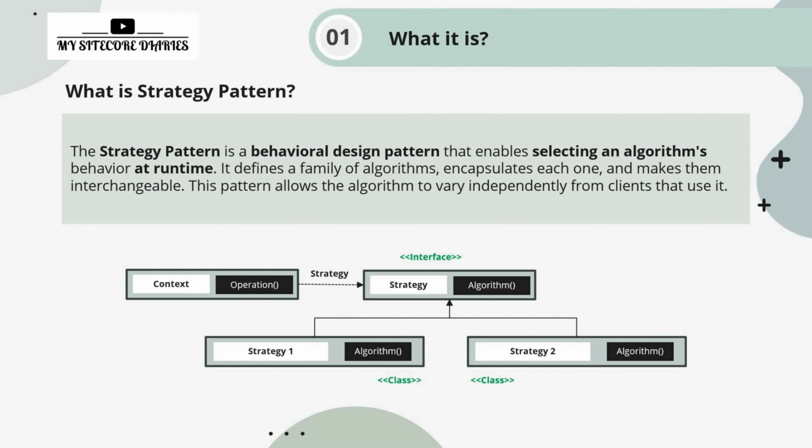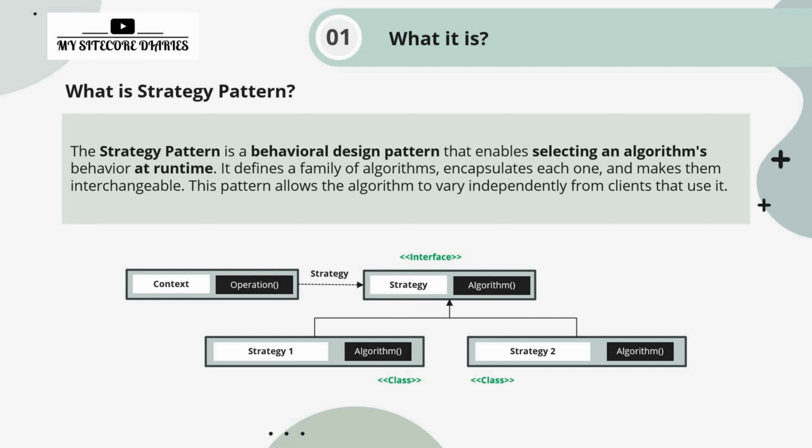Let's take an example. I think this example will clarify things. I think it's the easiest pattern to understand. So first is your context, which is basically your client. Whatever strategy your client wants to use, you will send it to the strategy class. The strategy class will have multiple algorithms, like strategy 1 algorithm, strategy 2 algorithm, strategy 3 algorithm.